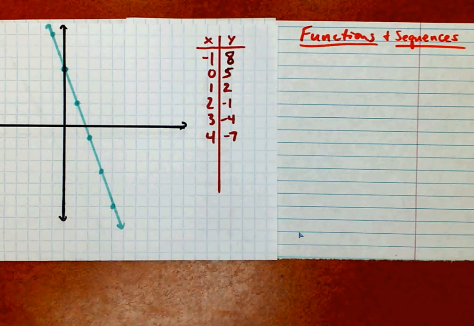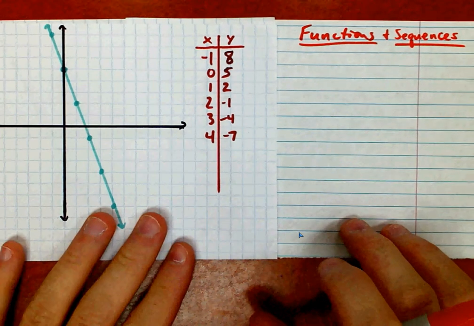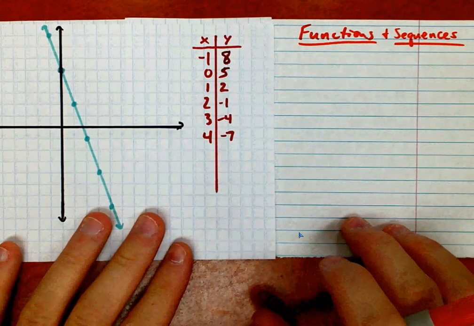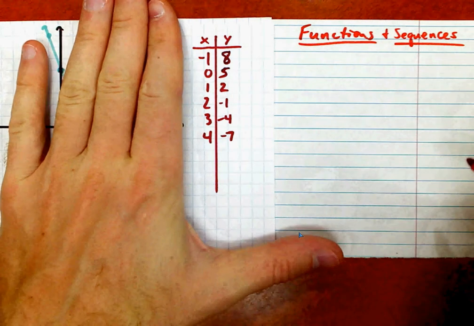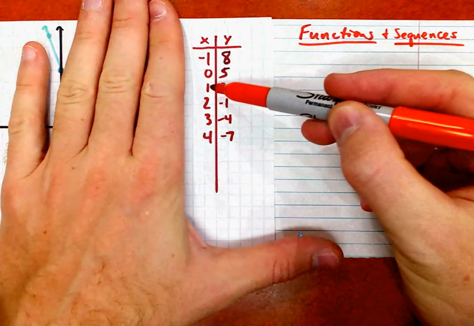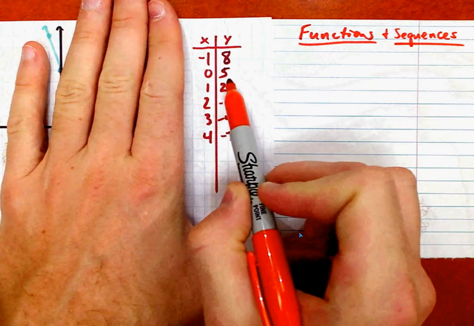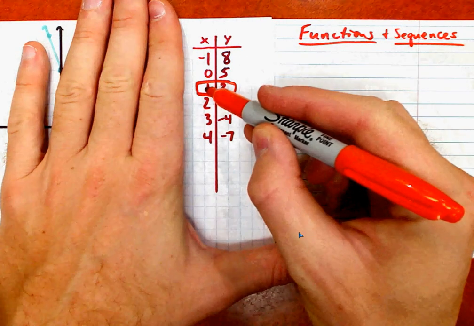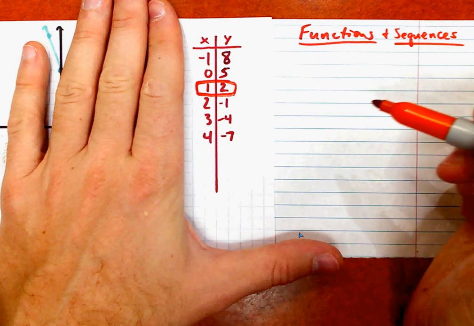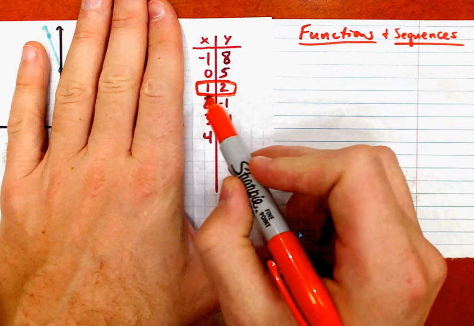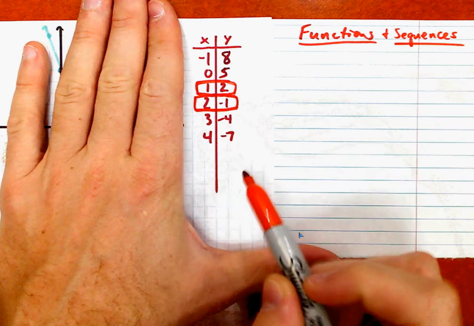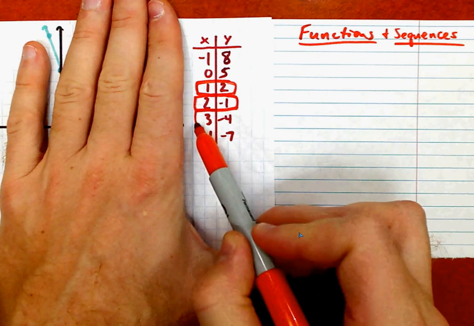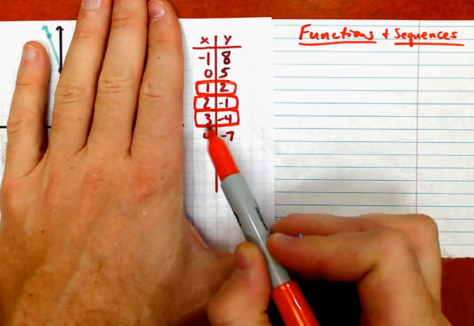So let's think about this set of ordered pairs as a sequence for a second. If I consider that the ordered pair 1, 2 is actually referring to the first term of a sequence being 2, then the second term of the sequence is -1, and the third term of the sequence is -4.